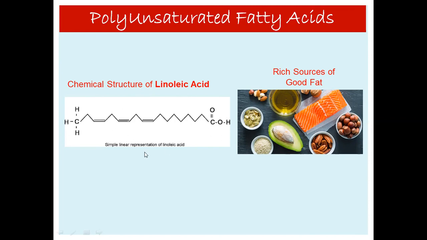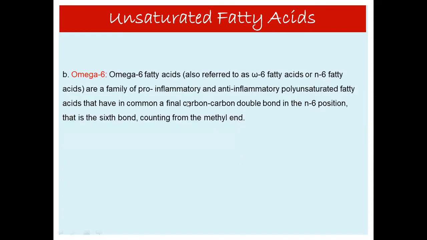So this particular fatty acid is known as linolenic acid, and all these are pictures of where you can get polyunsaturated fatty acids, which are also a type of good fats, like seeds, avocados, olive oil, peanuts, and fish oils. Everything is rich in polyunsaturated fatty acids.